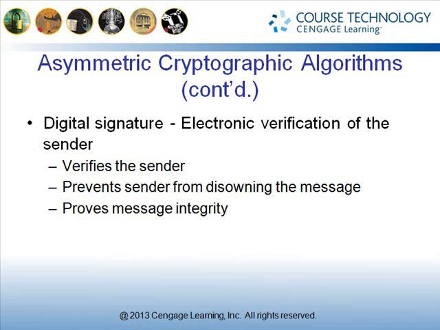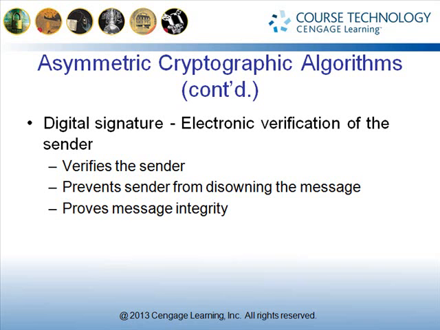However, proof can be provided with asymmetric cryptography by creating what's called a digital signature, which is like an electronic verification of the sender. Just as a handwritten signature on a paper document is proof that the signer has read and agreed to the document, a digital signature is much the same way. However, it does provide some additional benefits. A digital signature will verify the sender.